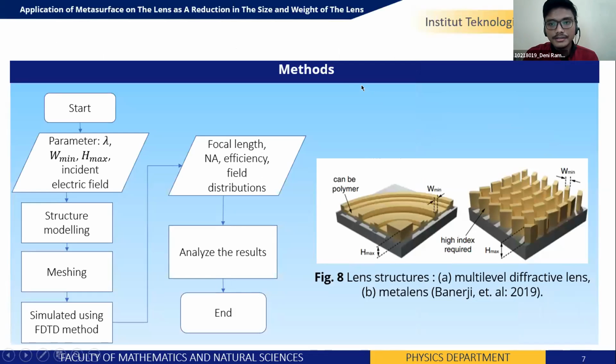In this research, we will do computational physics to determine the specification of the different structures. There are 2 structures, as shown in figure 8: multi-level diffractive lens and meta lens.